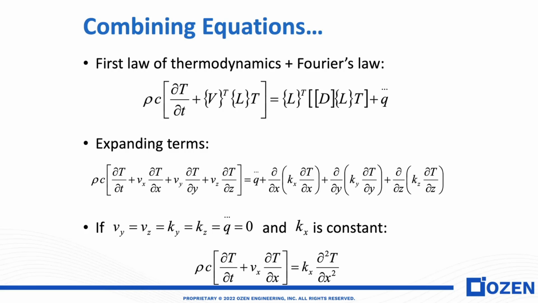And if we add the first law of thermodynamics to Fourier's law, then we end up with this equation at the top. Now, if we expand the terms, you'll get the three-dimensional representation over here. And if you'd like to reduce it to one dimension, then you can set nu y, nu z, ky, kz to 0. Then you get the equation in just one dimension.